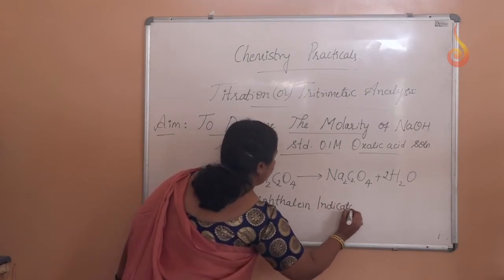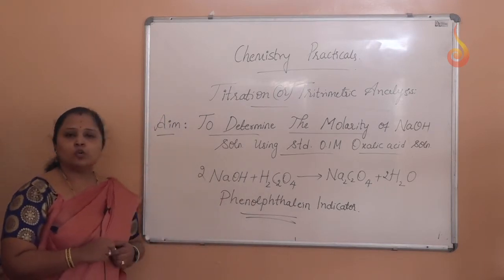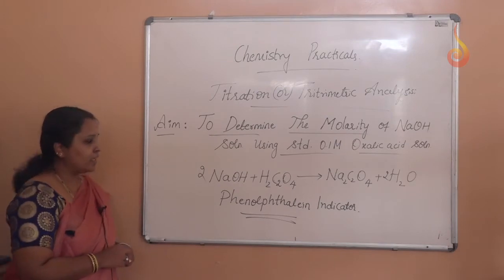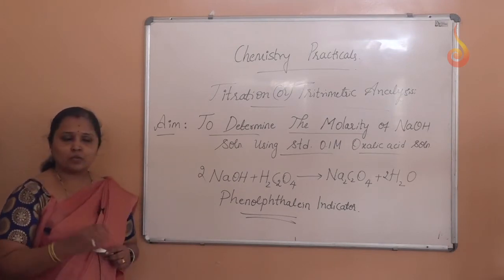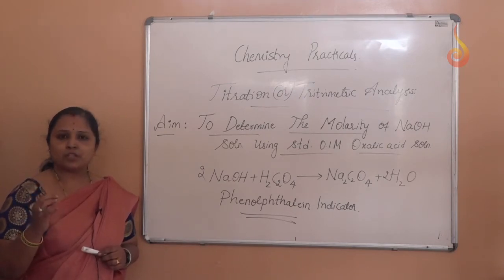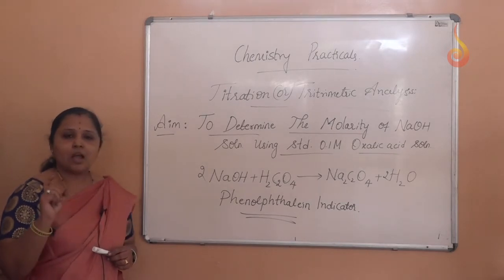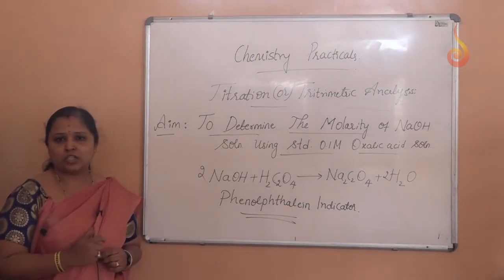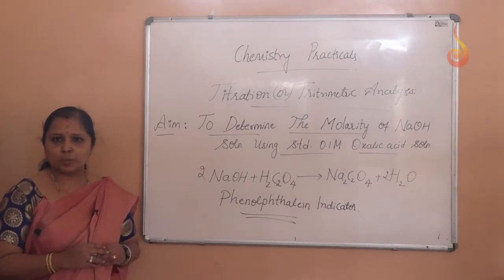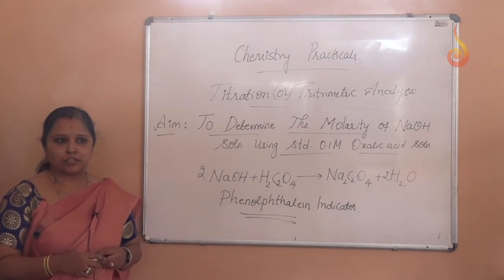This compound will act as the indicator for this titration. This reaction mixture should be titrated against the solution taken in the burette until the color of the solution changes to pale pink. Once the solution changes to pale pink, we can stop the titration and start the tabulation.